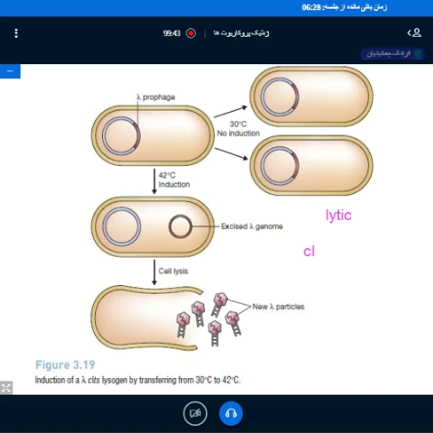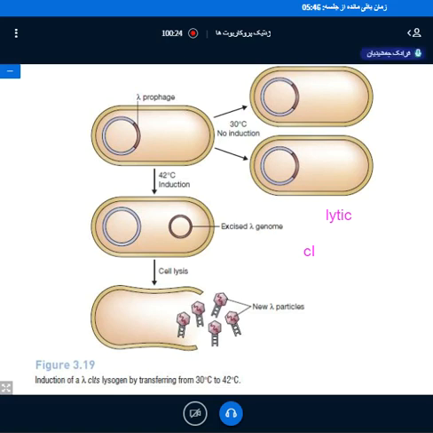The C1 gene is responsible for maintaining the phage in the lysogenic process.